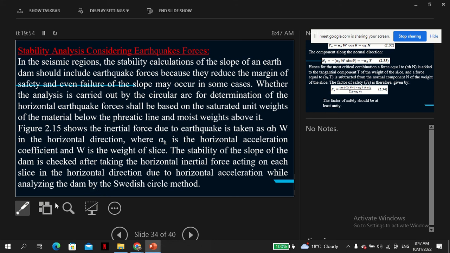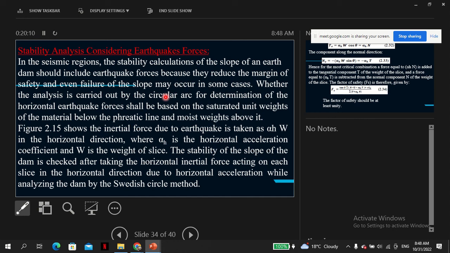So in the seismic regions, the stability calculations of slope and earth dam should include earthquake forces because they reduce the margin of safety, and even failure of slope may occur in some cases.